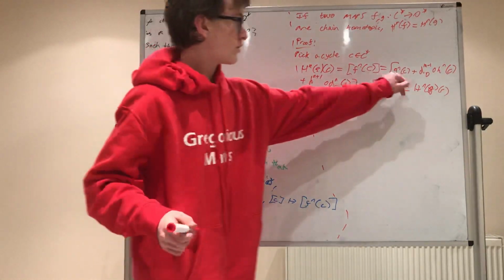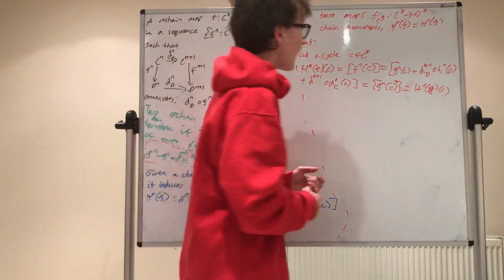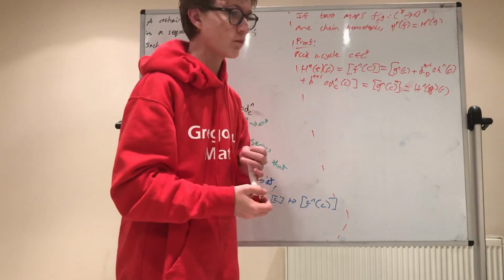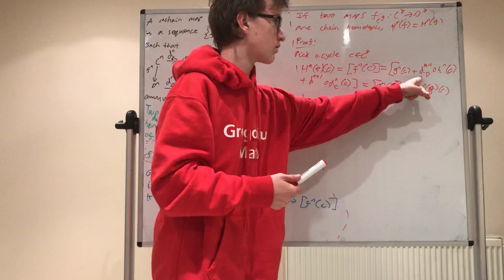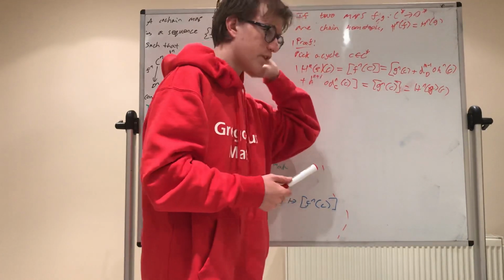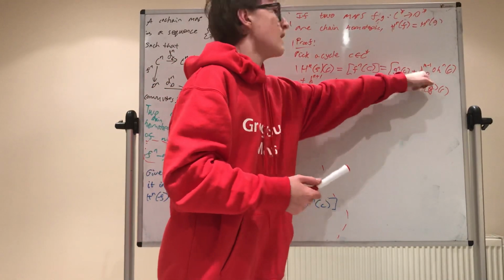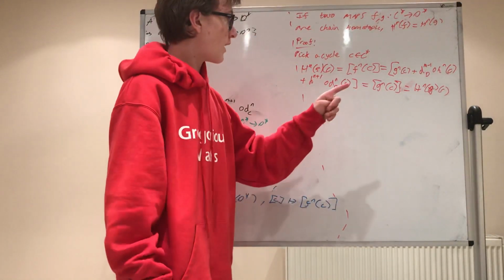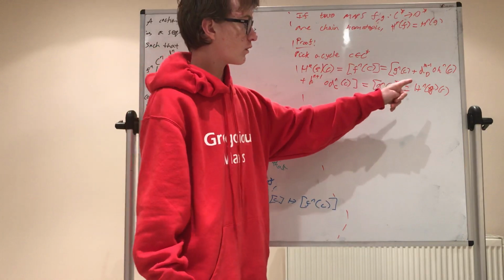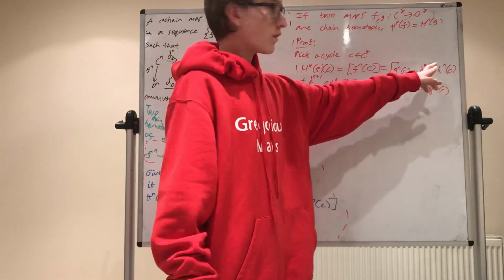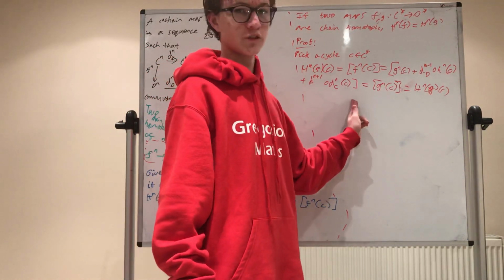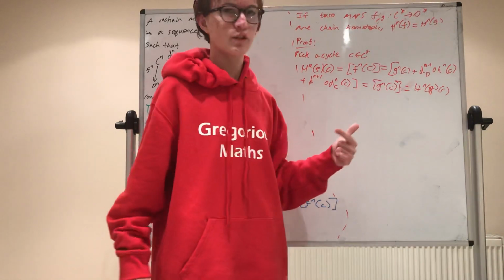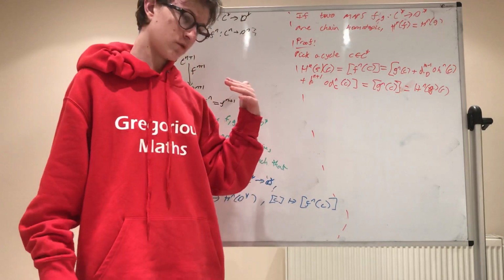Well, this right here is going to stay, and this right here is precisely in the image, because of this right here, and so it just vanishes when you apply its equivalence class to it, because if it's in the image, then its equivalence class vanishes, because it's a quotient by the image.